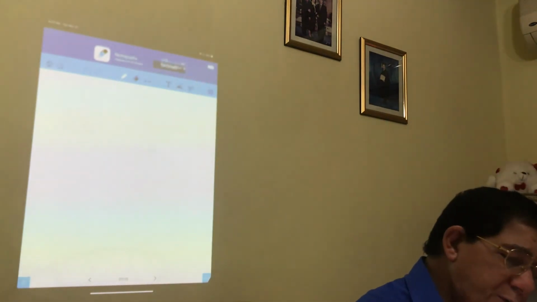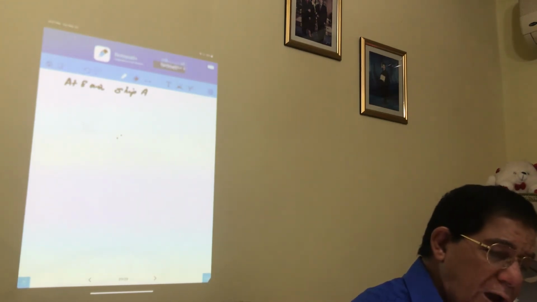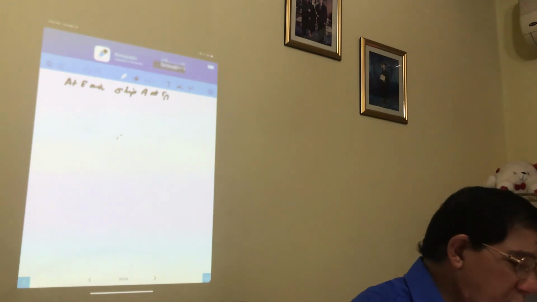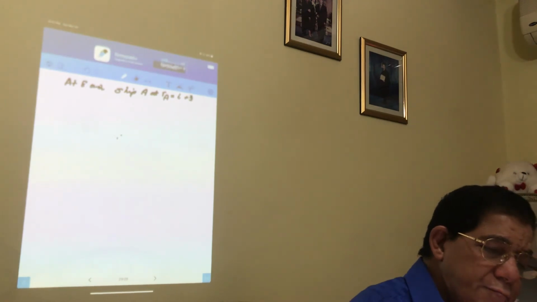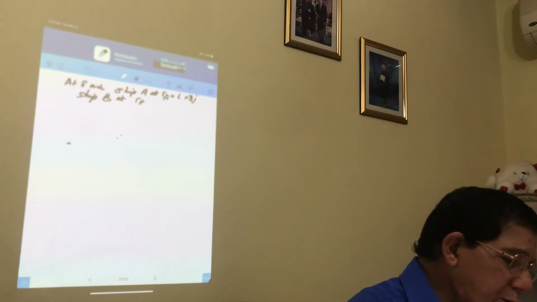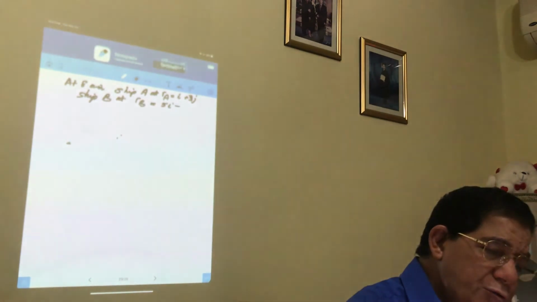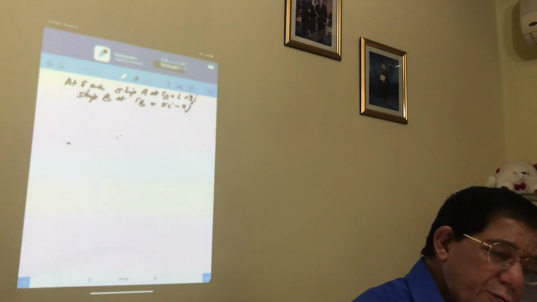It says here that at 8 a.m. ship A is at RA equal i plus 3j, and ship B is at RB equal 5i minus 2j kilometers.